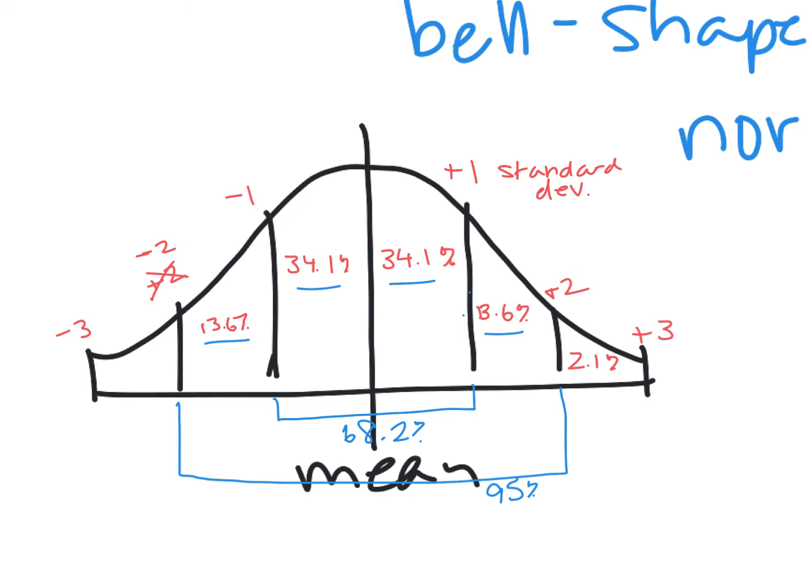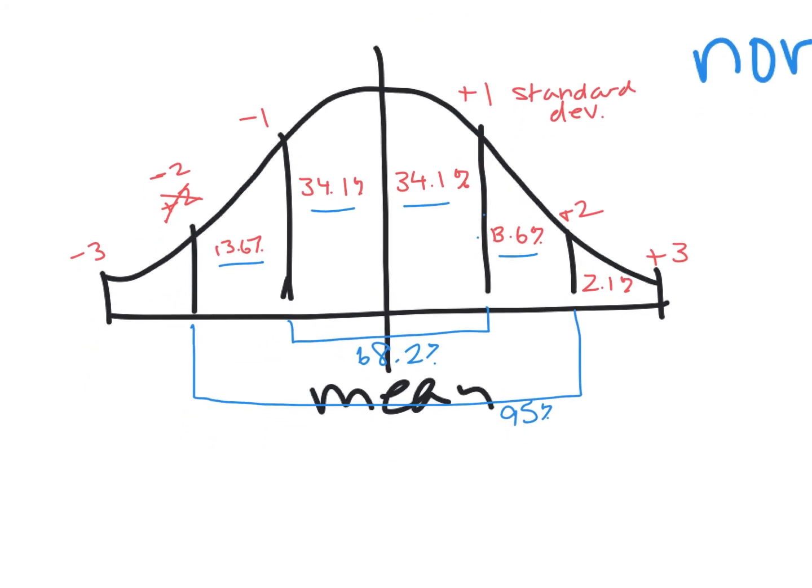And then how much of the data falls within 3 standard deviations of the mean, this is going to be almost all of it, 99.7% of these light bulbs will fall within 3 standard deviations of the mean.